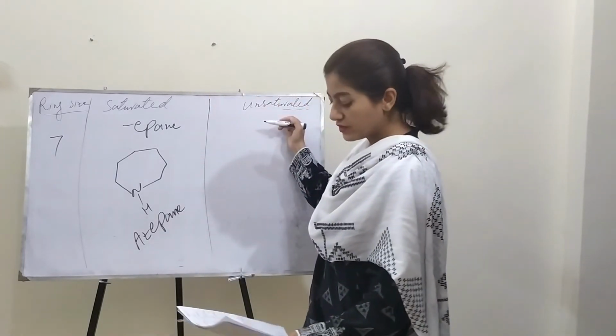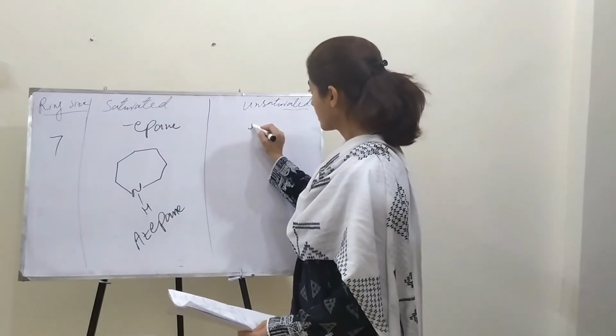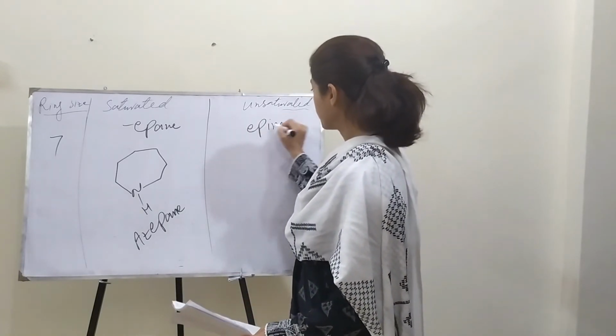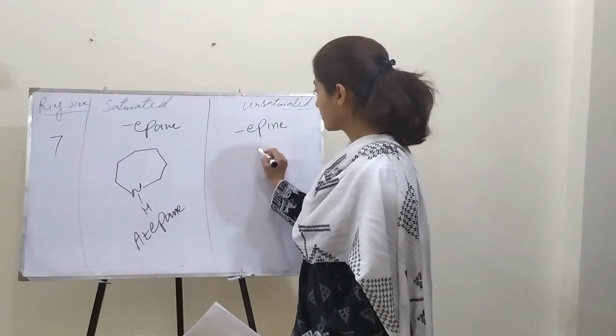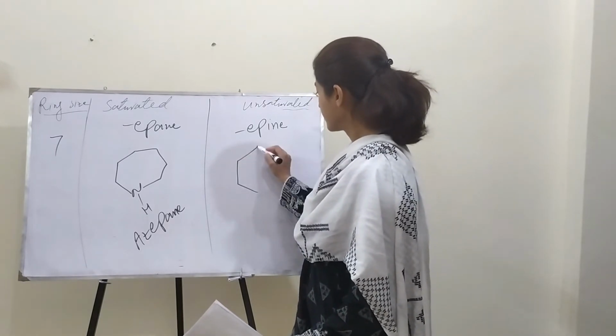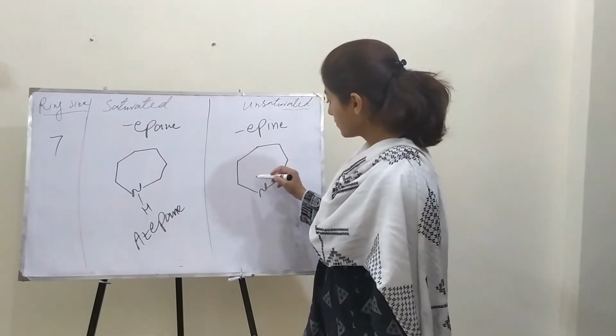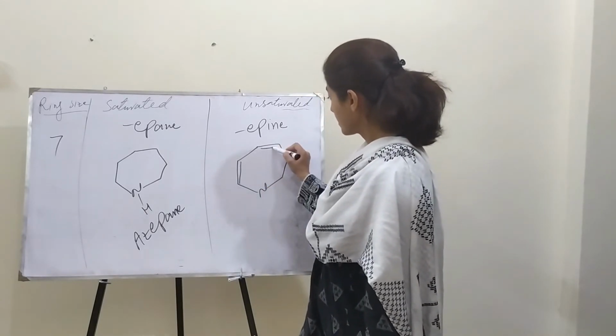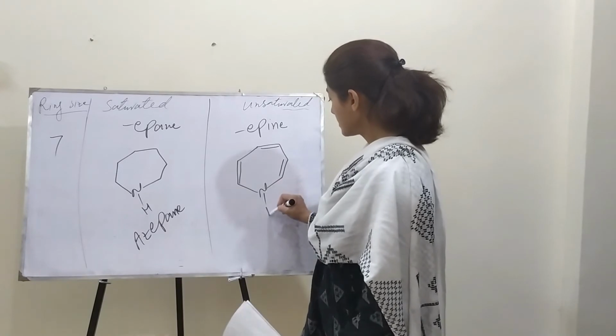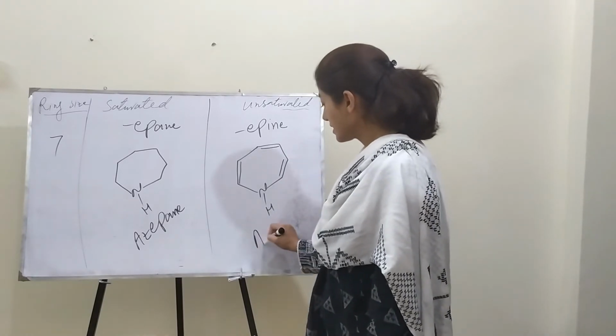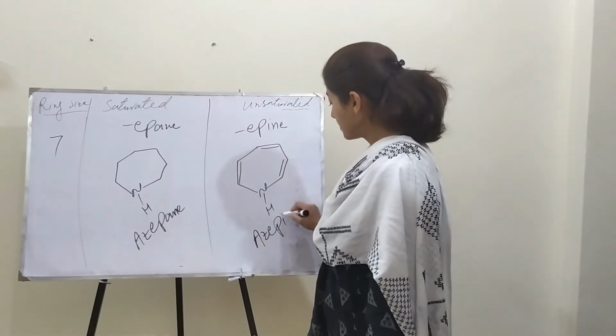In the case of unsaturated system, it would be epine. For example, in the case of nitrogen, as this one is an unsaturated system, its name would become azepine.